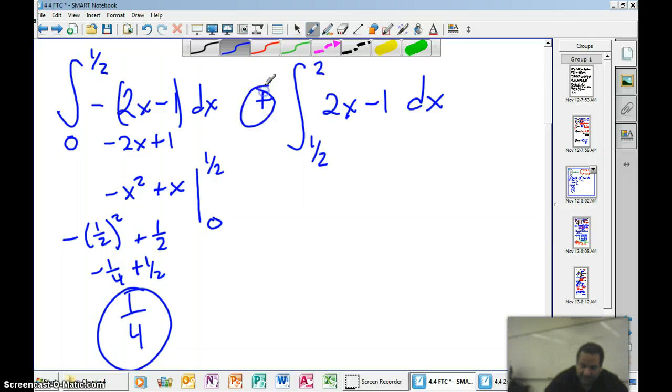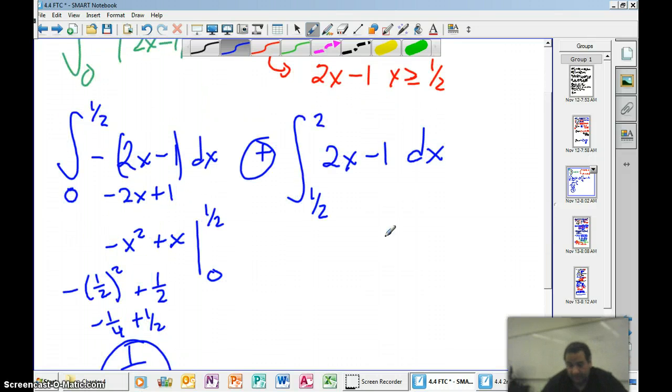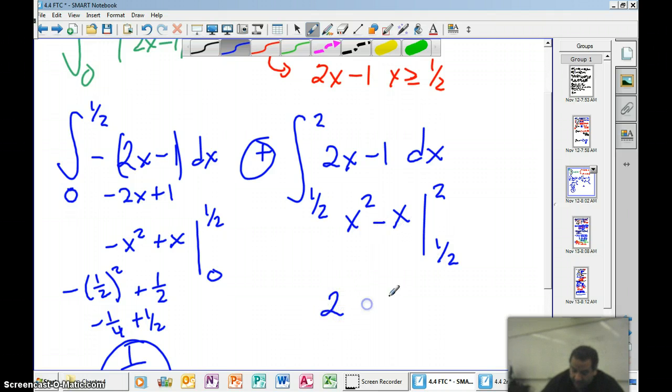I'm going to add to that, and do it on this side now. I'm going to get x squared minus x as the integral, and now I'm going to evaluate that at 2 and 1/2. This time I've got to do them both because it doesn't become 0. At 2, I get 4 minus 2, which is just 2. At 1/2, minus, remember, the fundamental theorem of calculus says we've got a minus there.